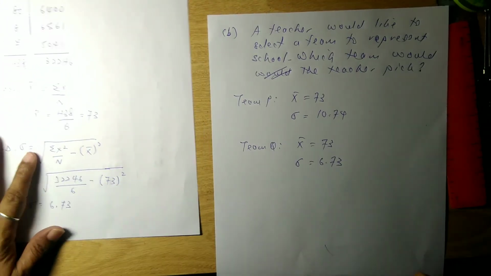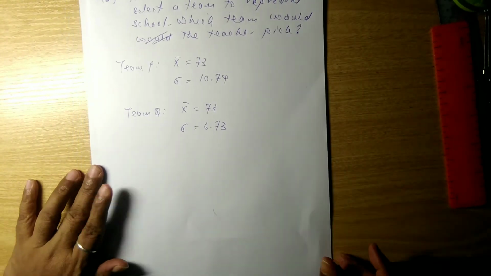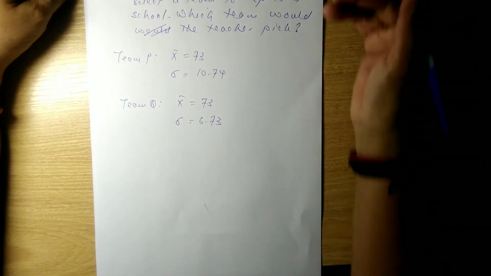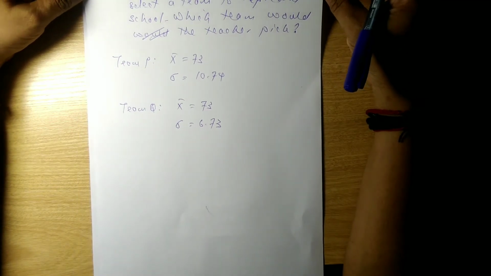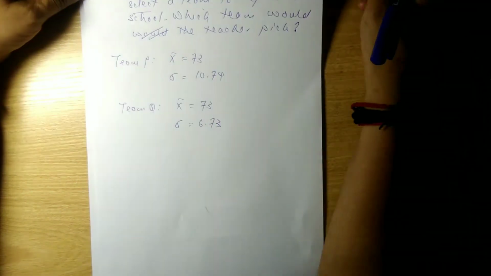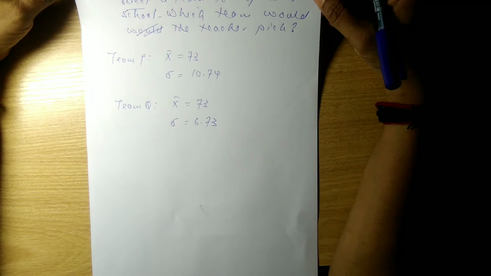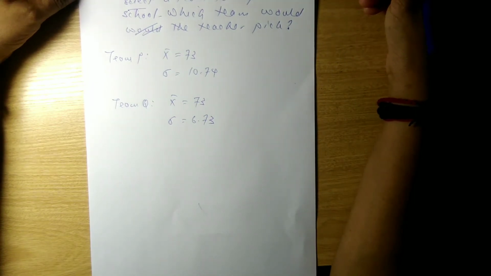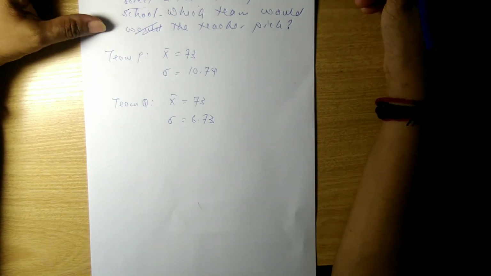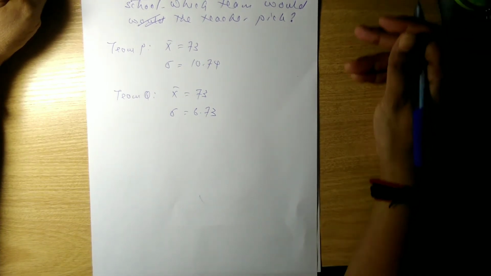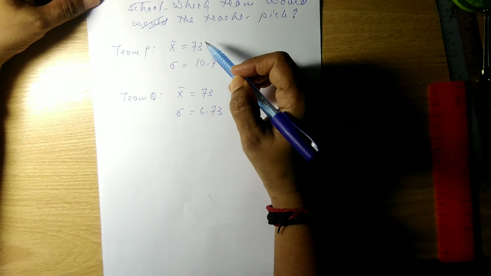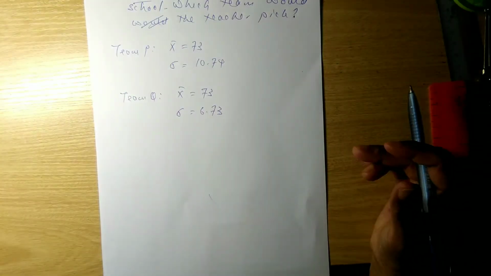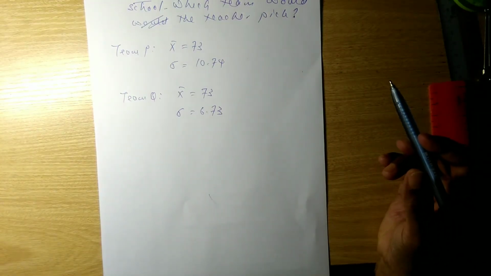Based on these two results, the teacher wants to select a team to represent the school. Which team would the teacher pick? Normally when we look at the average, that's the most likely quantity to look at when you want to pick something.